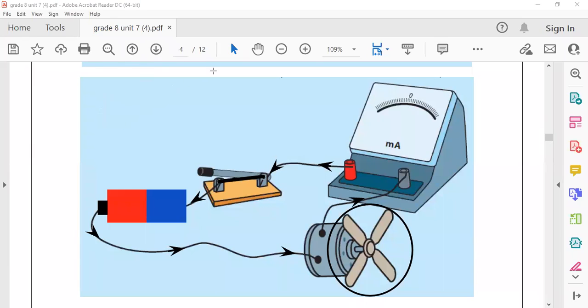Starting from the positive, finishing in the negative. This time, this indicator will be reading the other direction. This time, this motor will be rotating in the other direction. Understood? Are you clear? Yes, sir. Can everyone understand? Yes, sir. Could you please complete your next diagram in this manner?